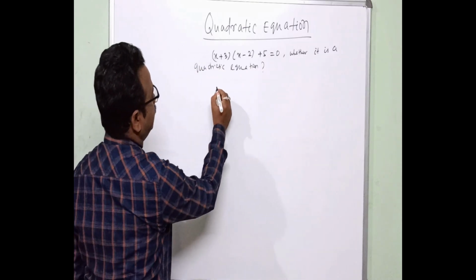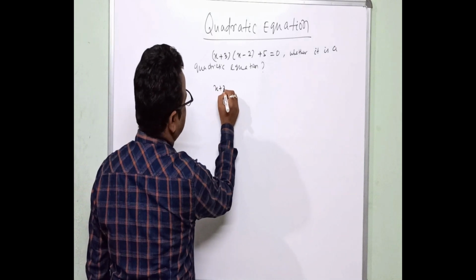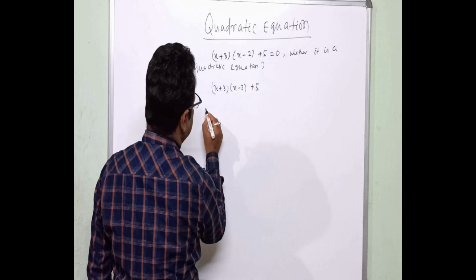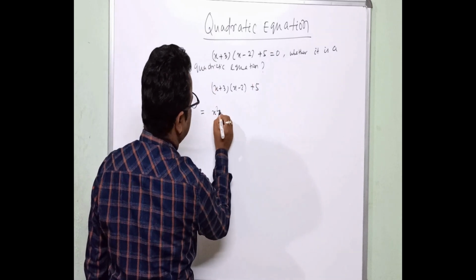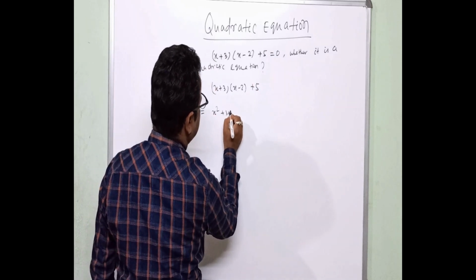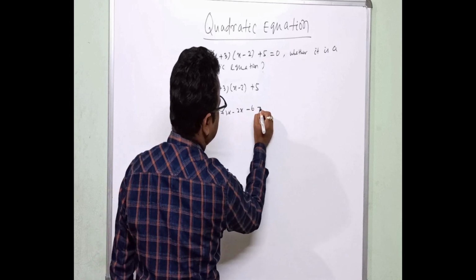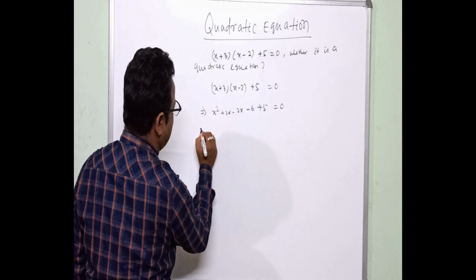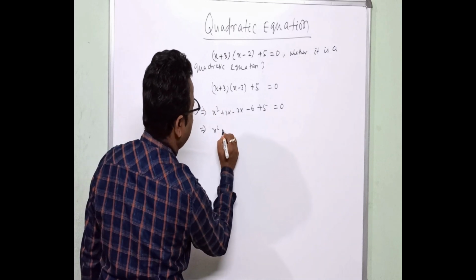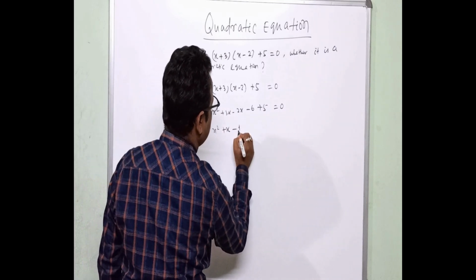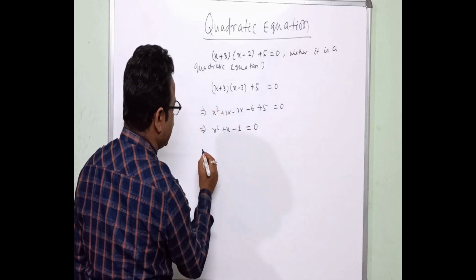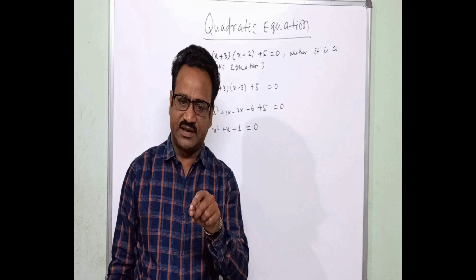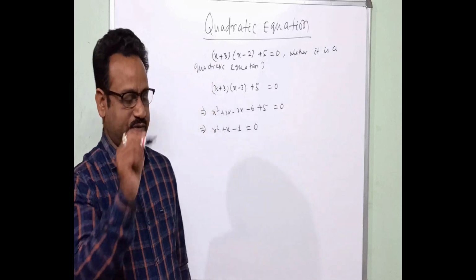We get x square plus 3x minus 2x minus 6 plus 5 is equal to 0. That implies x square plus x minus 1 is equal to 0. It is in the form of ax square plus bx plus c. Hence, it is a quadratic equation.